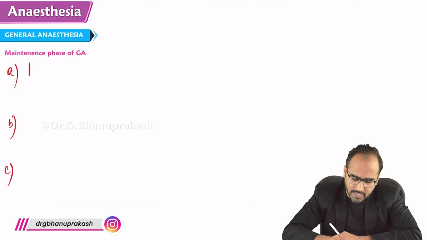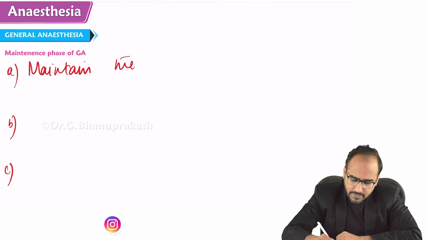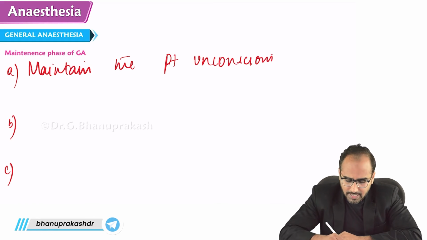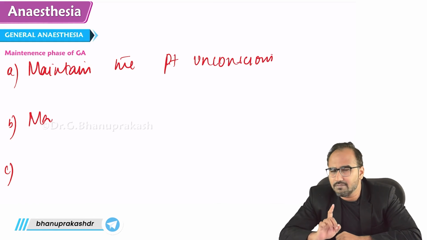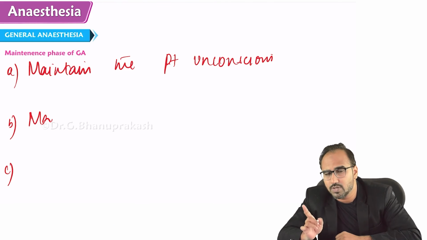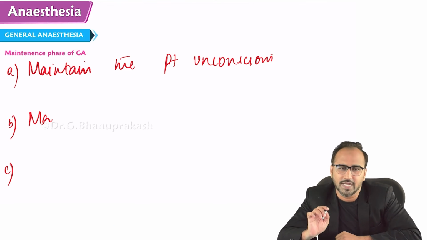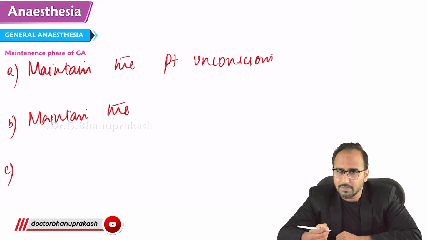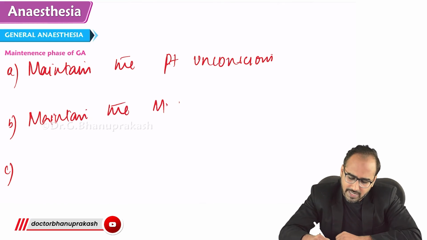The first aim of the maintenance phase is maintain the patient unconscious. The second aim should be basically, in maintenance what you need to write instead of make. In the induction phase you are writing make, no. Instead of make you have to remember maintain in the maintenance phase. Second aim would be what, guys? Maintain the muscle relaxation.